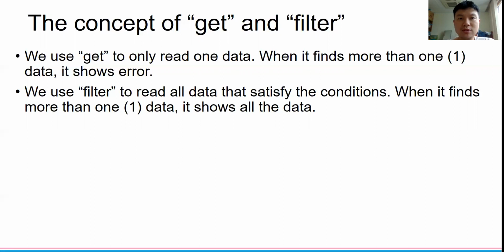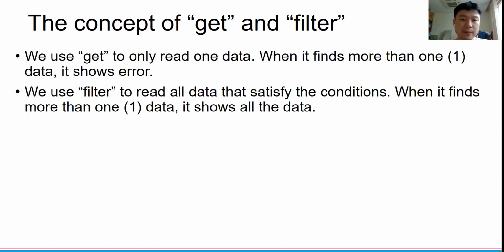Then it means all the words that contain "what" will appear, and if it is more than one, all those will appear. If you use get, and there are many data which contain the word "what", it will not appear, but it will show the error, because when you use get, you need to only have one data.